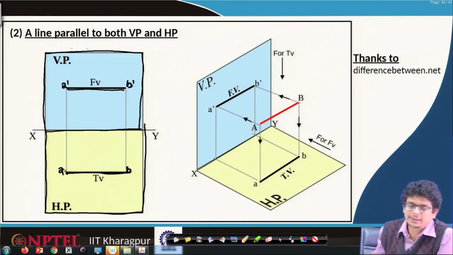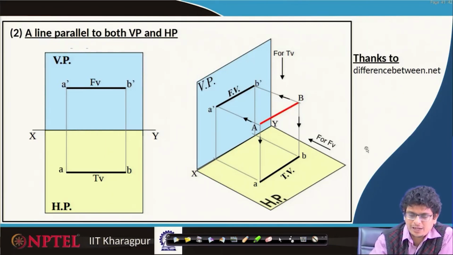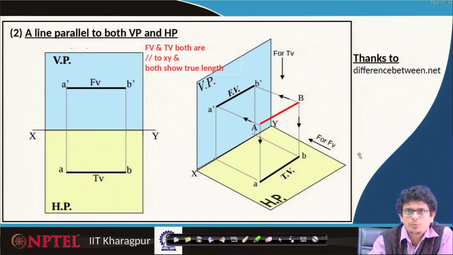When your line is parallel to both the vertical plane and horizontal plane, we will get true length in both the front view and the top view.